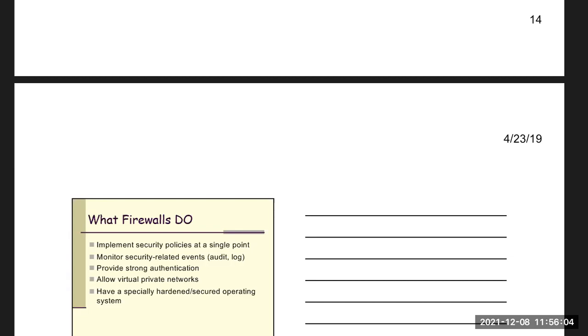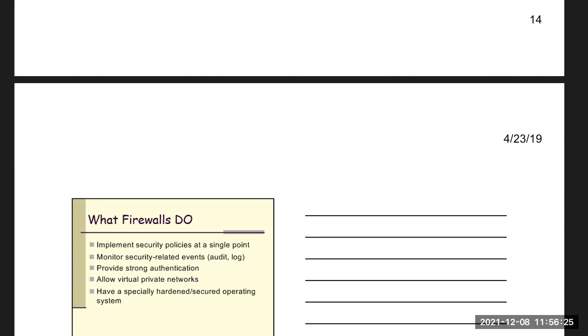Let's say A and B are two persons. A will encrypt the message using B's public key, so that only B will be able to decrypt that message. So it provides strong authentication here also.